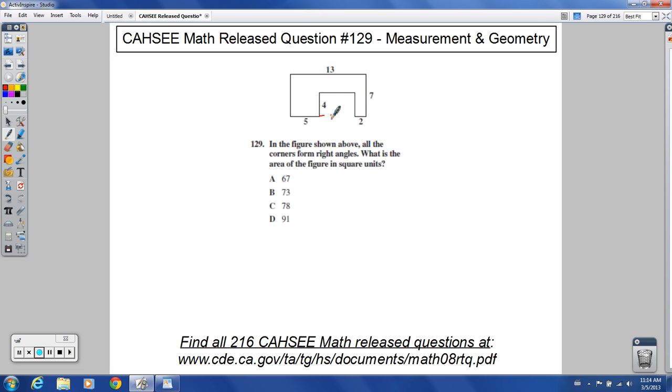But I'm going to go with what I feel like is the easiest way and just find the area of the shape itself. So the area of the figure is going to be the area of the big rectangle minus the area of the smaller rectangle.